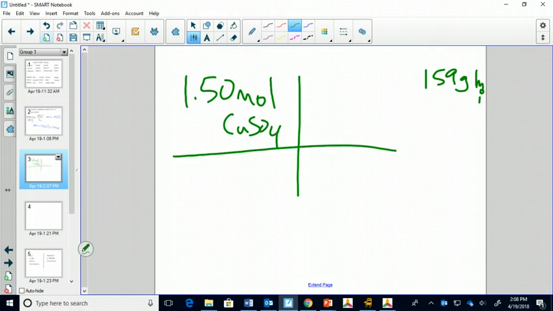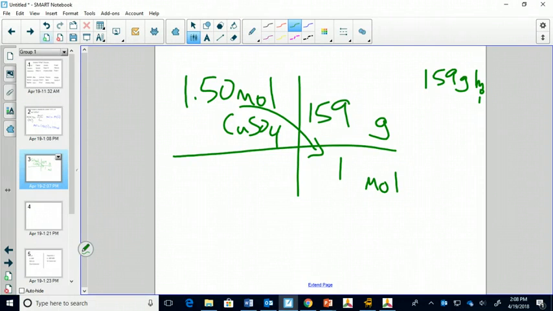Since moles are here, we have to have moles there and grams here. And the 159 number always goes with grams. So 159 grams here and 1 mole. Can somebody give me an answer? 1.5 times 159?